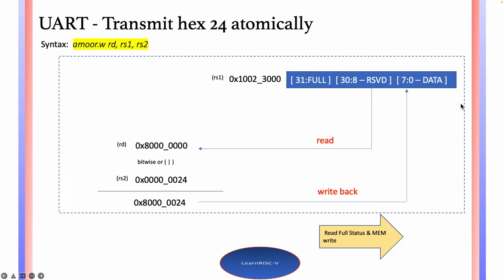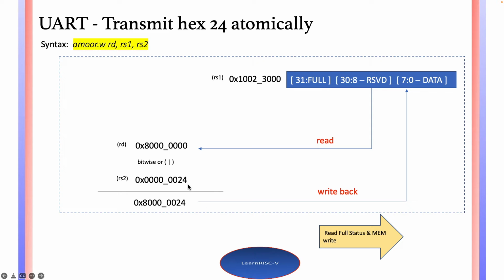Correct. So that's the use of this AMO OR, and this is one example of how to use an atomic memory operation to transmit data through UART without any data loss.